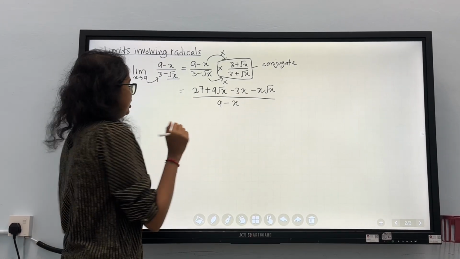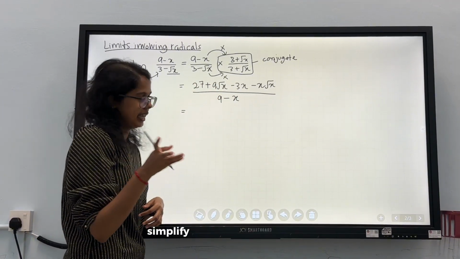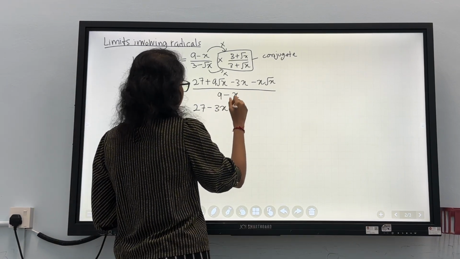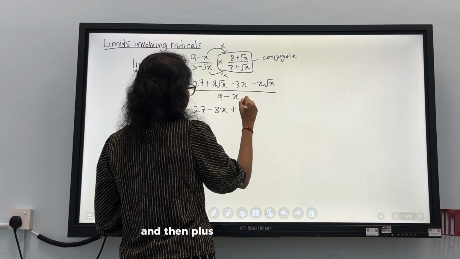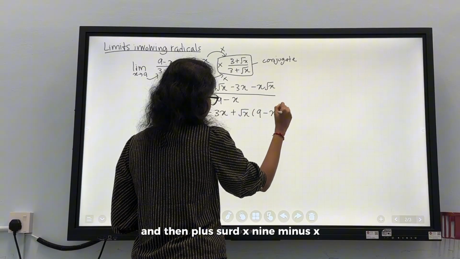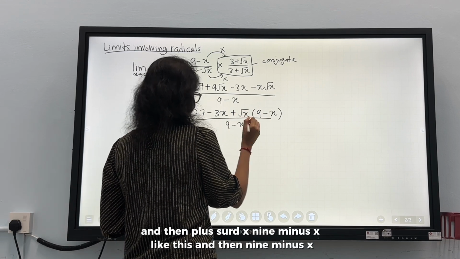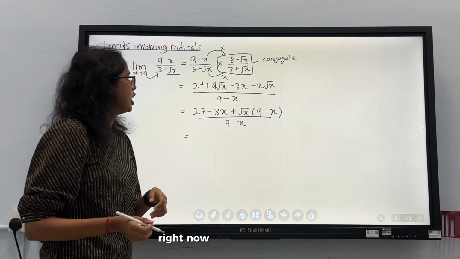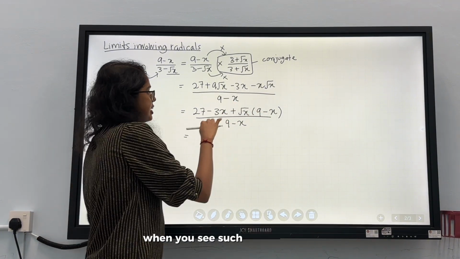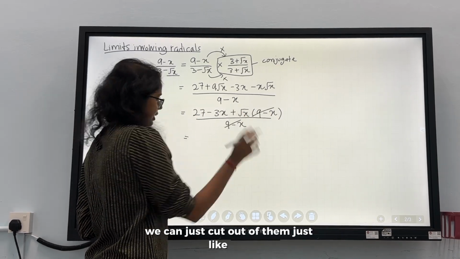Then we can simplify it into a simpler form. Now you can see that something is similar on top and bottom. When we see such similar values, we can just cancel them out.